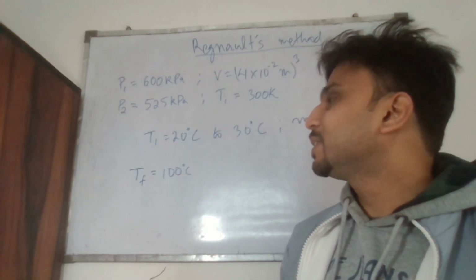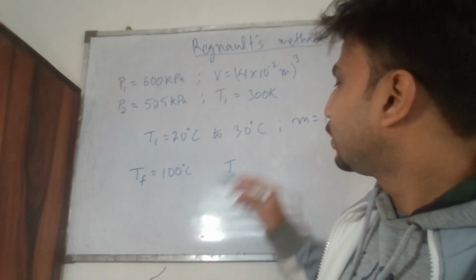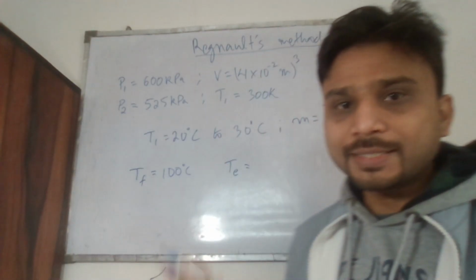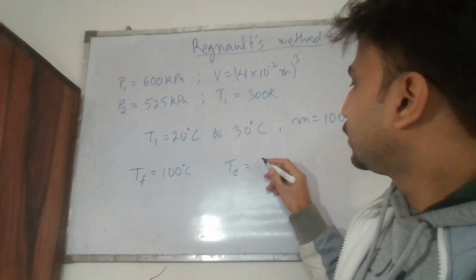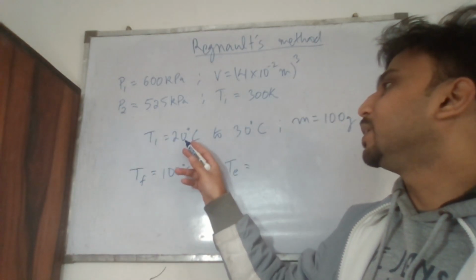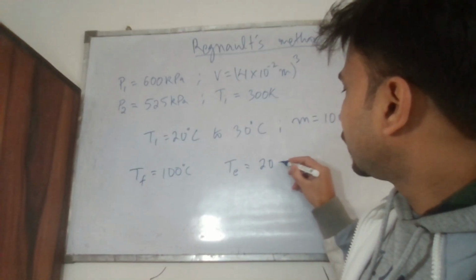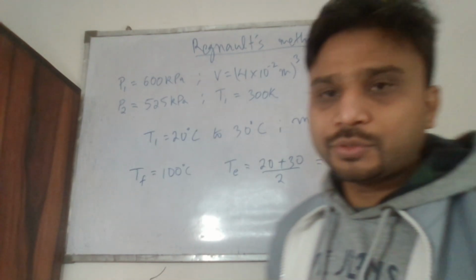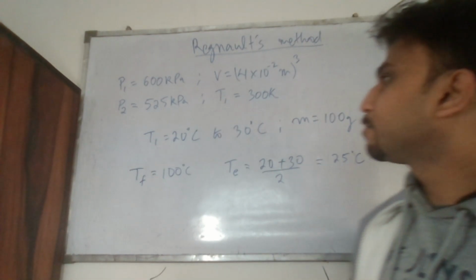So what can we say about the eventual temperature of the gas? That is, in the end, what is the temperature of the gas? Its value would be the average of 20 degrees Celsius and 30, so it would be 20 plus 30 by 2, that is 25 degrees Celsius.